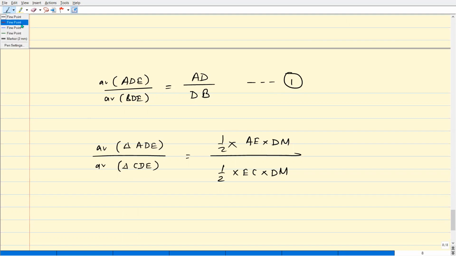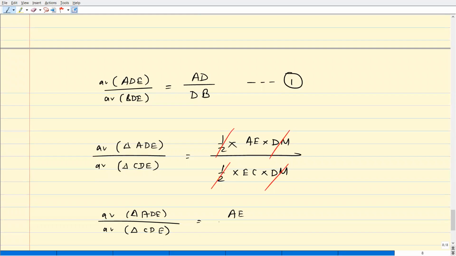And here also very nicely, half and half get cancelled, DM and DM get cancelled, and you are left with this ratio, area of triangle ADE by area of triangle CDE is equal to nothing but AE by EC.